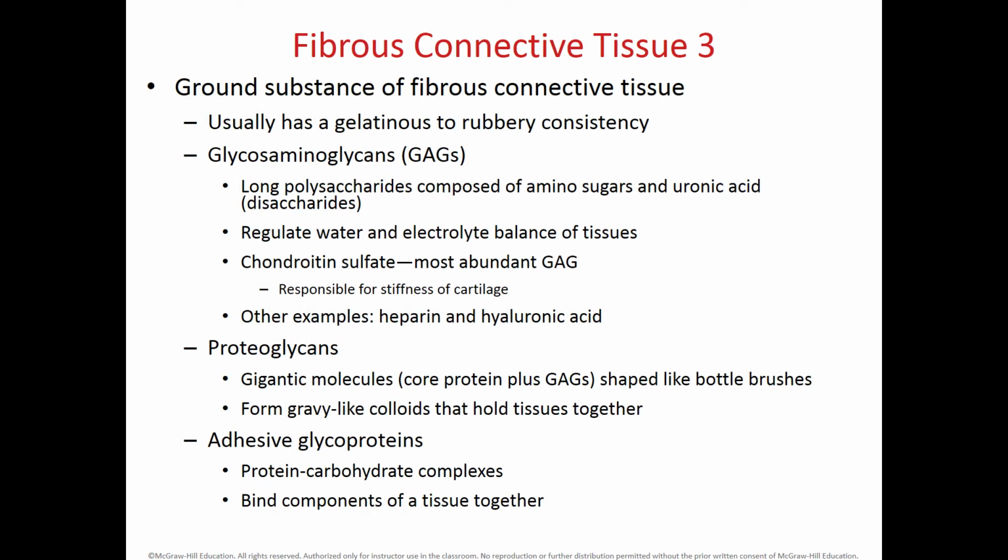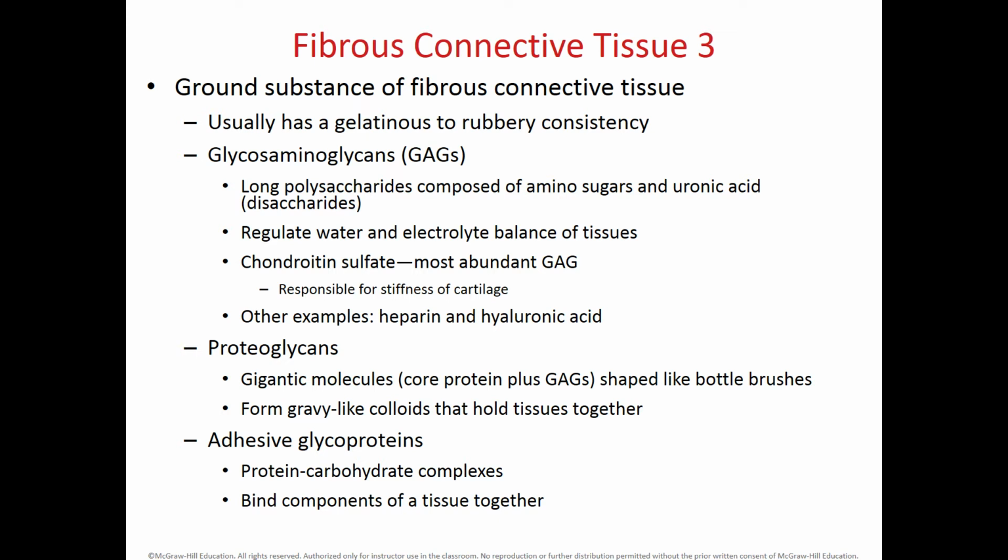So the matrix, or the ground substance of the fibrous connective tissue, has a gelatinous to rubbery consistency, and it has these components. It has something that we call glycosaminoglycans, and these glycosaminoglycans are long polysaccharides that have sugars attached to amino groups and also to uronic acid.